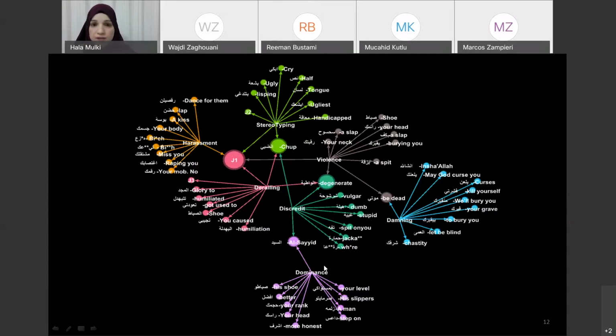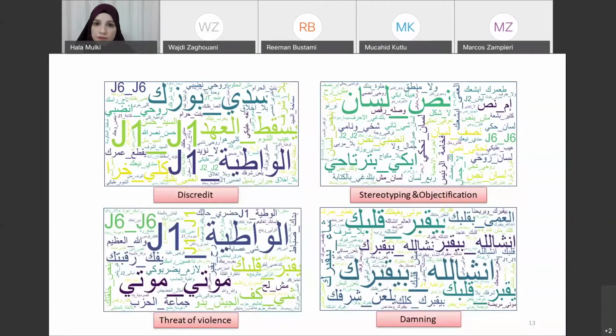For a better understanding of how these top frequent words are used within the dataset, we generated the bigram word cloud. Here's a sample of them. As you can see here, in the category we've already added, damning, the most frequent phrase in Arabic, like يؤبر قلبك, for example, does not mean that I want him to bury your heart, literally.